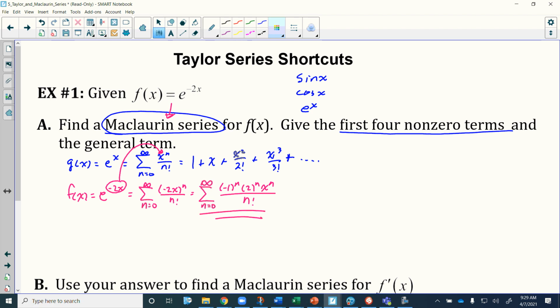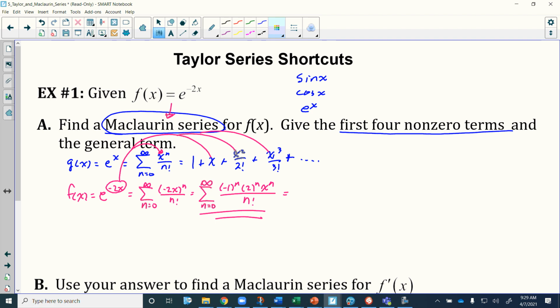There's the Maclaurin series. Now, finding the first four non-zero terms, let's take what we have here, and again, we'll do some substitution. Anywhere I have an x, I'm going to substitute my negative 2x.